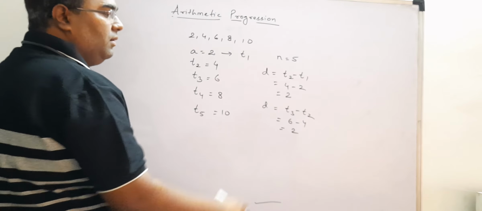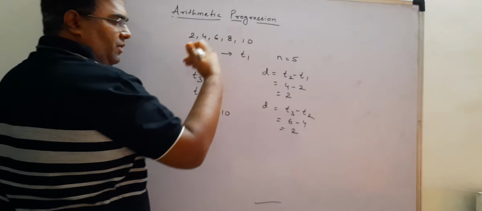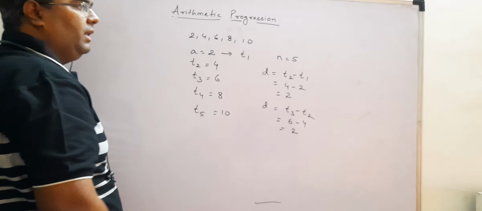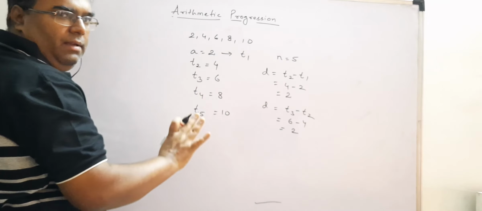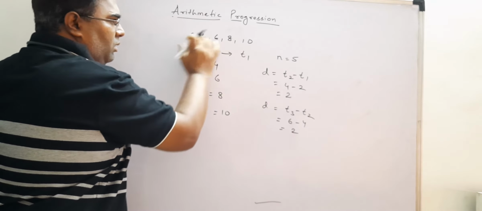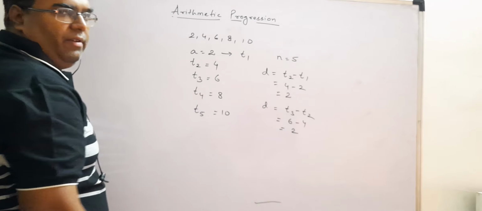Don't take it in reverse, meaning T2 minus T3. Always the second minus first, third minus second, fourth minus third, like this. Got it? A, N and D. A is the first number. N is the total number of terms here, 1, 2, 3, 4, 5. And D is the common difference.